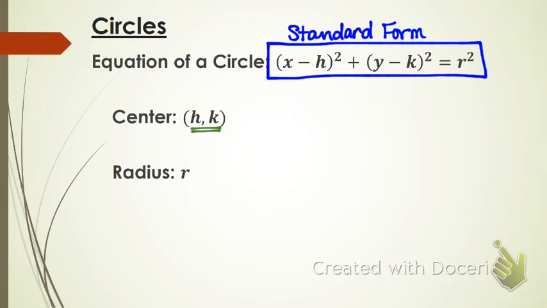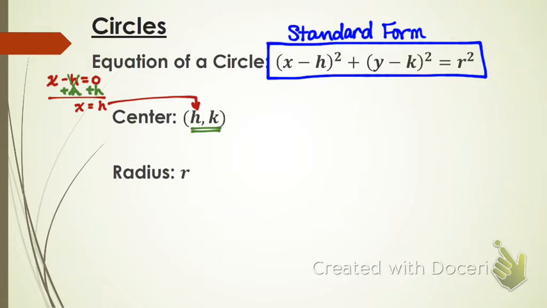Notice in the equation it says x minus h, but when I'm talking about the center of the circle, it's just a positive h. When we are finding h, you would take whatever's inside the parentheses and set it equal to 0, and then you would solve that for x, and that's why our h value becomes a positive in the center of the circle right here, but inside the equation it says minus.